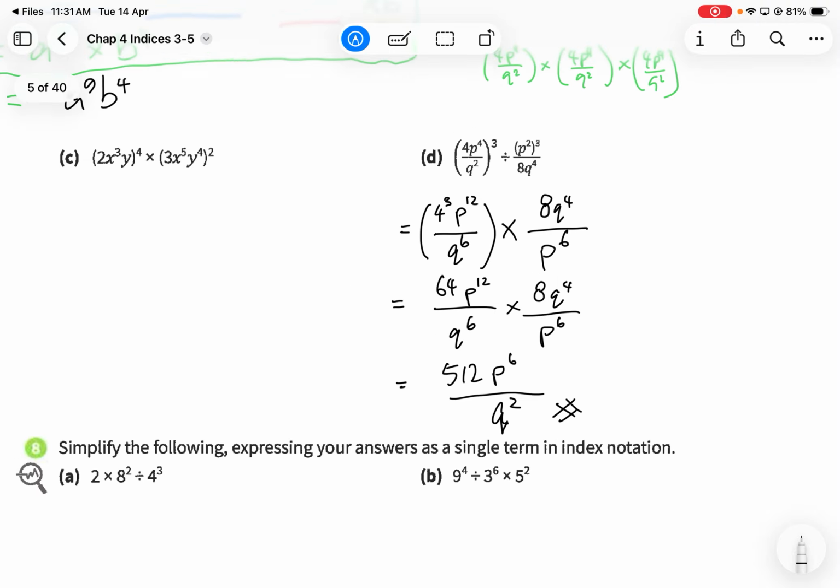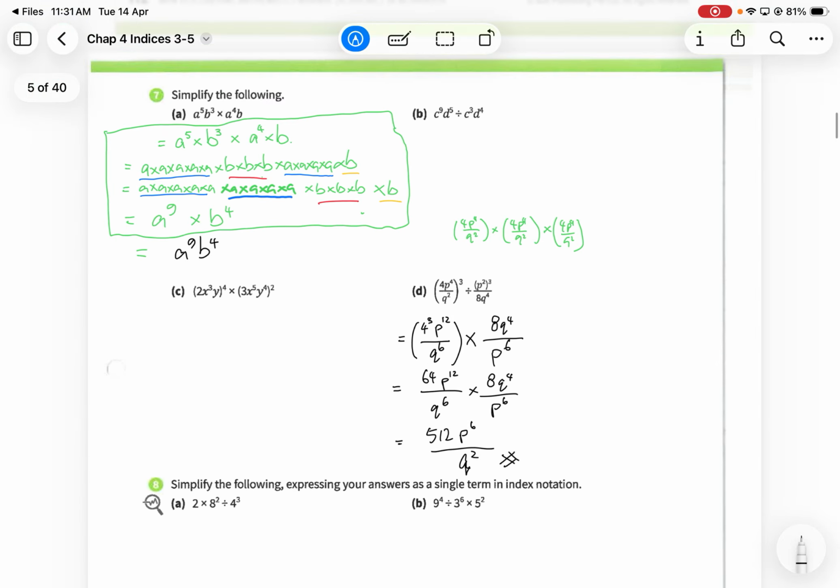Go back to the basics of what is happening, then you'll be able to do it.